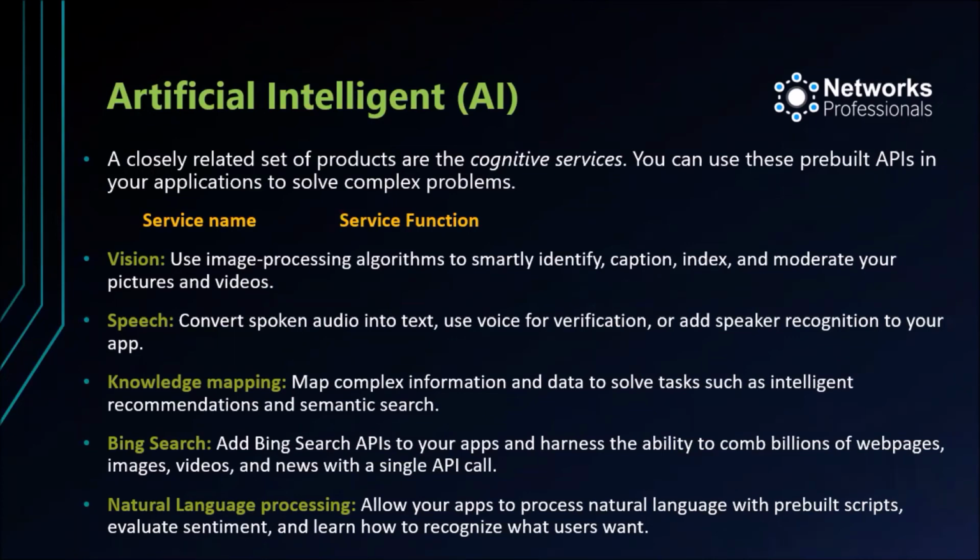Knowledge mapping. Map complex information and data to solve tasks such as intelligent recommendation and semantic search. Bing Search. Add Bing Search APIs to your apps and harness the ability to comb billions of web pages, images, videos, and news with a single API call.